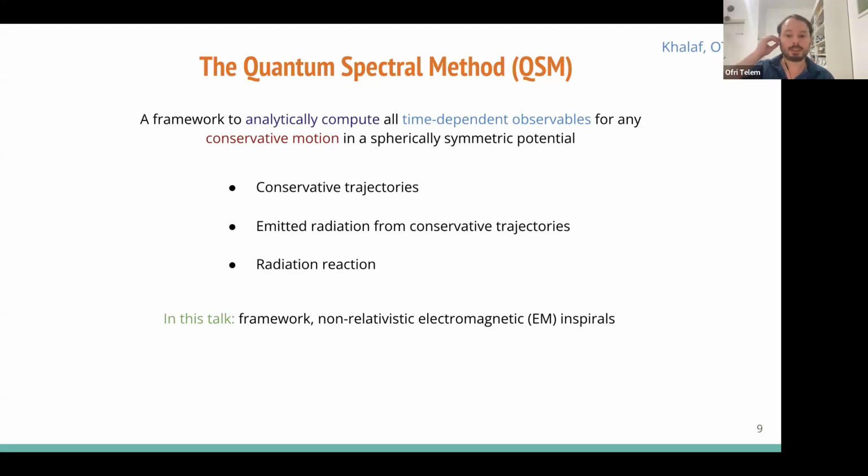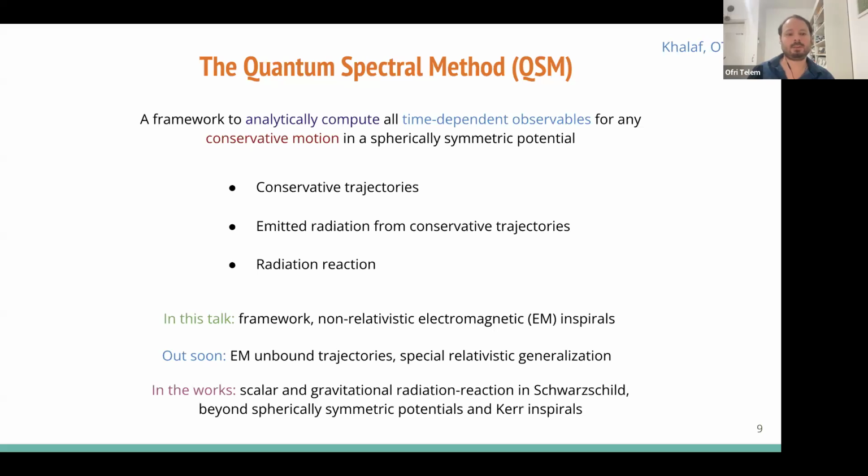So we'll see a non-relativistic electromagnetic inspiral. What's going to be out very soon, maybe next month, is the generalization of this to special relativistic motion and also unbound trajectories. And the fact that you can write one universal expression, which you can analytically continue in a natural way from unbound to bound.